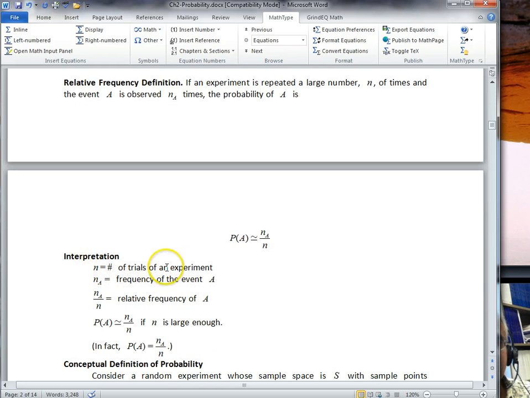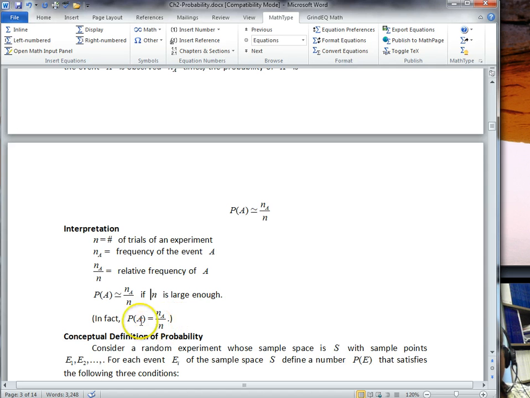Where N is the number of trials of the experiment, how many times you repeat the experiment, and NA is the frequency of event A, how many times A occurred. And we know from the chapter on data analysis that NA over N is the relative frequency of A. So the probability is nothing but a relative frequency with one condition, that N has to be large, for the probability to be accurate.